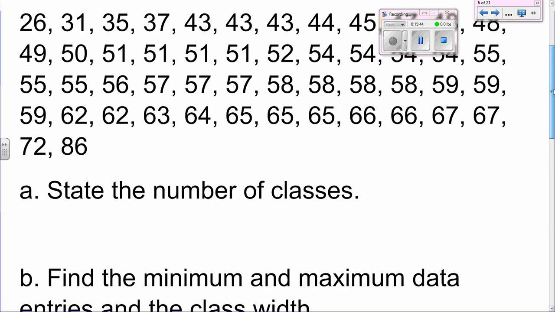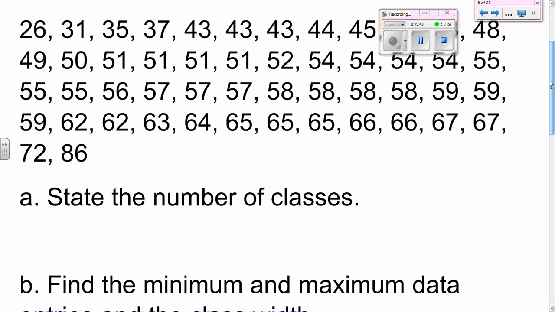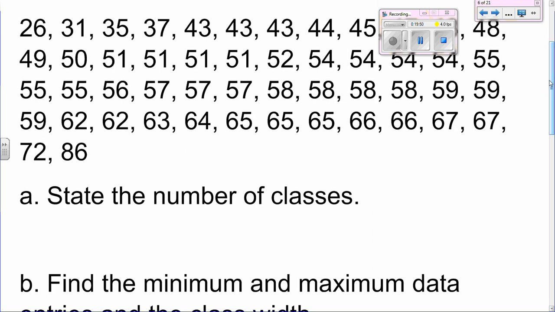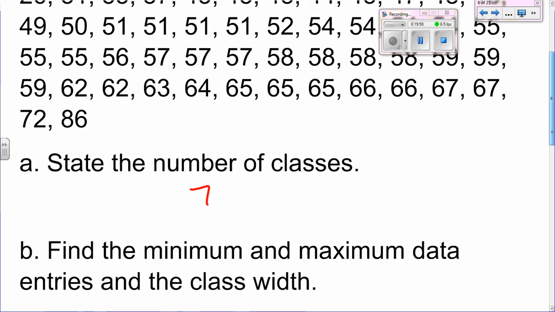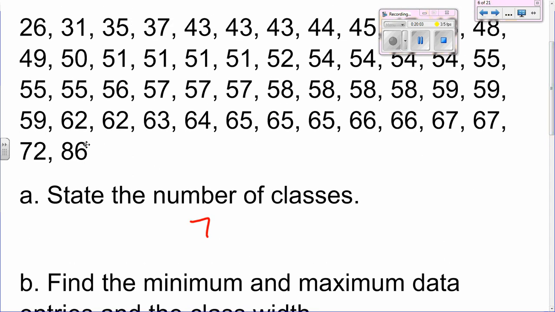So I broke this one down step by step for you. So first, state the number of classes that was given to us. And it's going to be 7. Find the minimum and maximum data entries in the class width. So our maximum data entry is 86, minimum is 26.